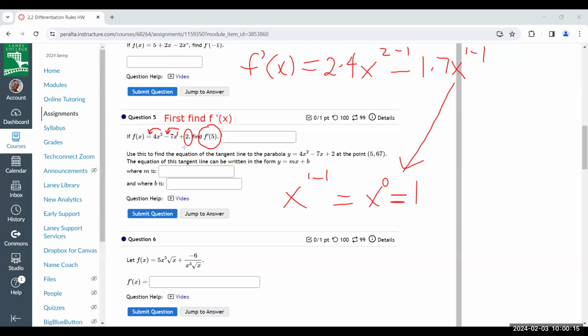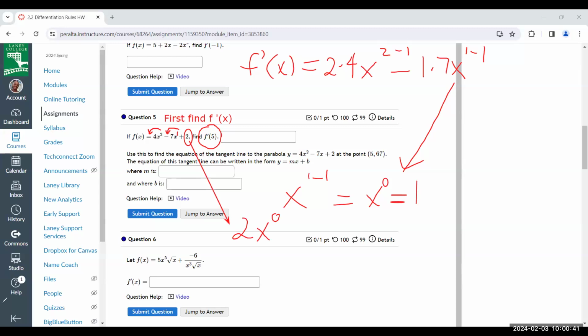That 2, you can think of this 2 as the same thing as two times x raised to the power of 0, because again, x to the power of 0 is just 1, and 2 times 1 is just 2.